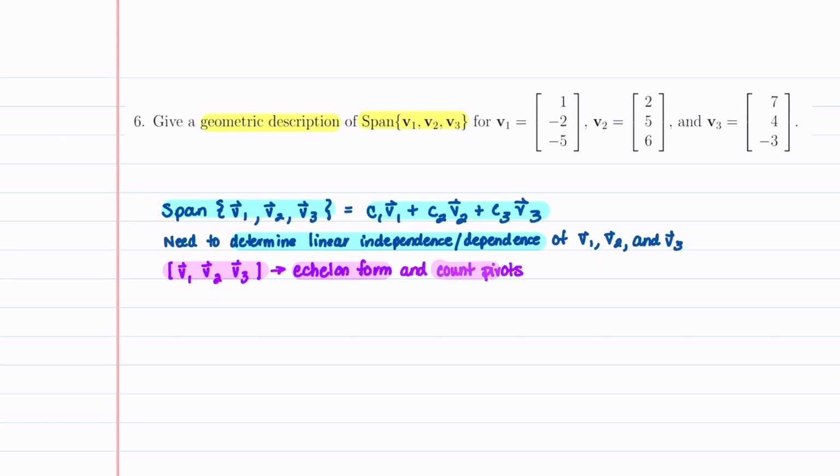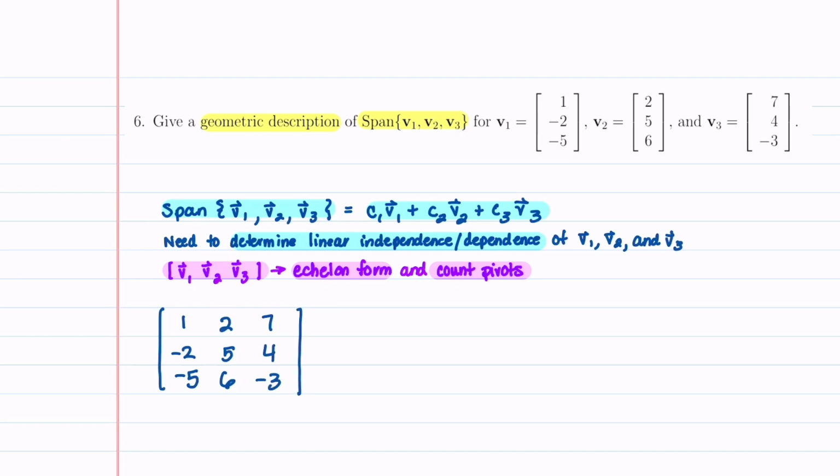And then we're going to count the pivots. Let me show you how to do this. We're going to take a matrix and put our three vectors in it. So we have 1, minus 2, minus 5, 2, 5, and 6, and then 7, 4, minus 3.